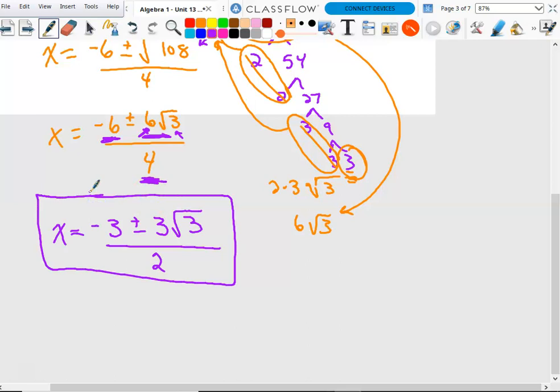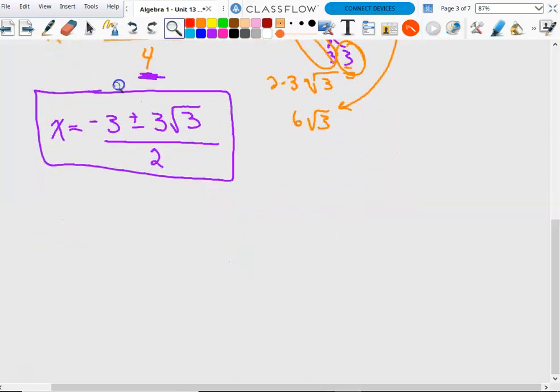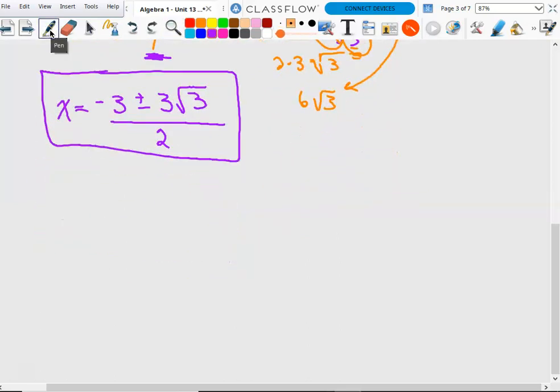And that is a cray-cray looking answer. It is an ugly, nasty, not friendly number. Crazy decimals. But that would be the exact solutions to this problem.